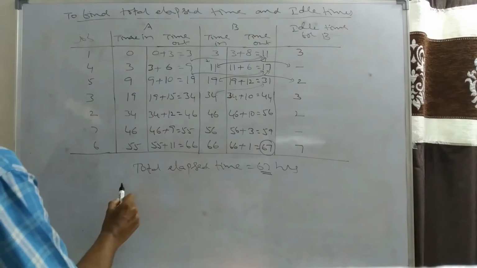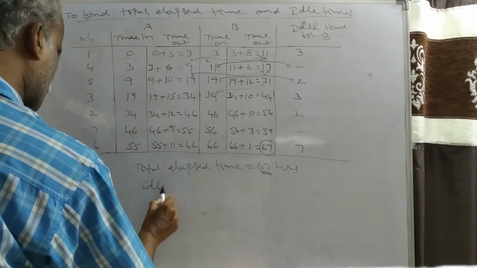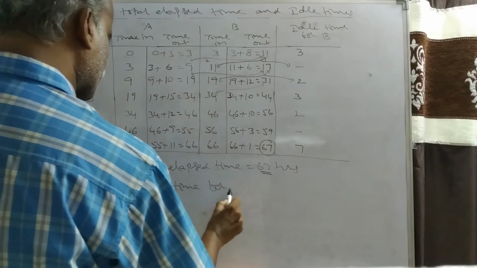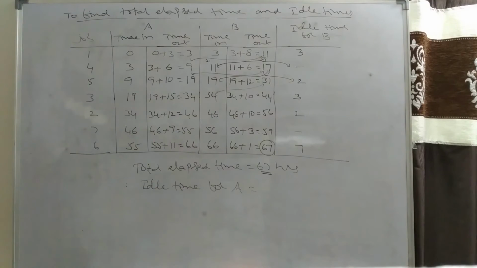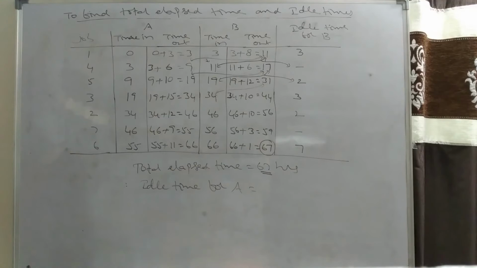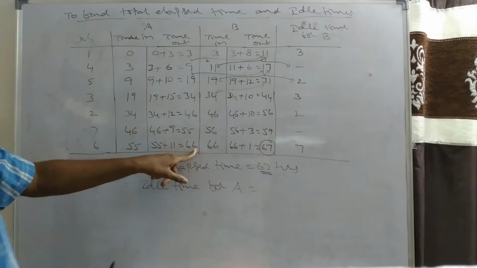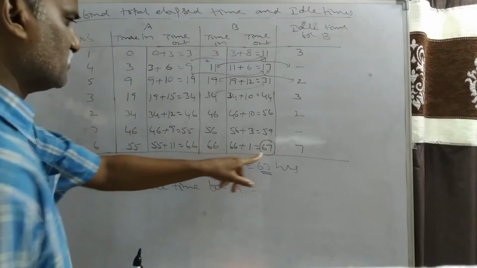So therefore, first, before that, we have to write idle time for machine A. Idle time for A is when the machine A is idle. So, the difference between the total elapsed time and the time when the last job completed on machine A. The last job completed on machine A is 66 hours, and total elapsed time is 67 hours.